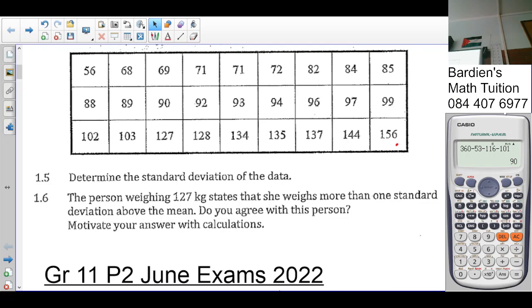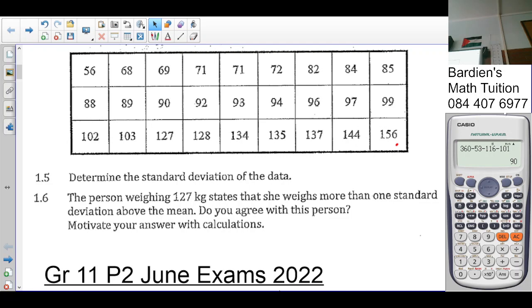So if the standard deviation is large, then the range is large, which means it's across a large range of numbers, and the data is scattered away from each other. They are far apart from each other. Whereas if the standard deviation is small, the range is small and the data is close together. They're clustered close together.